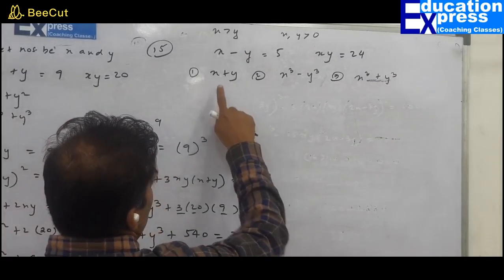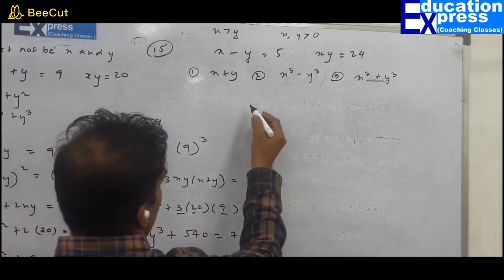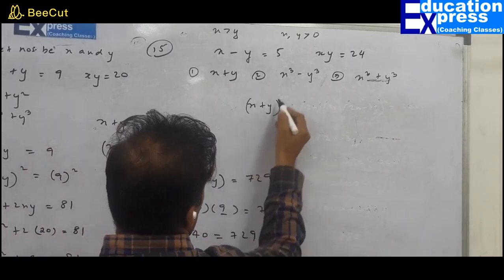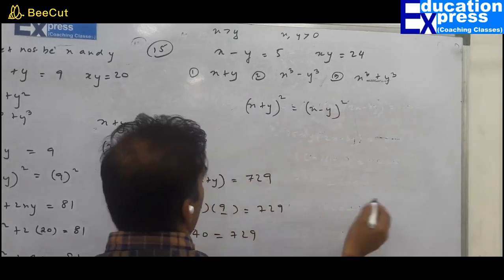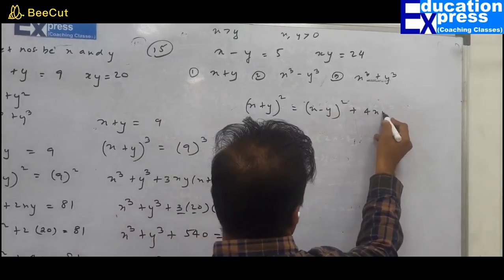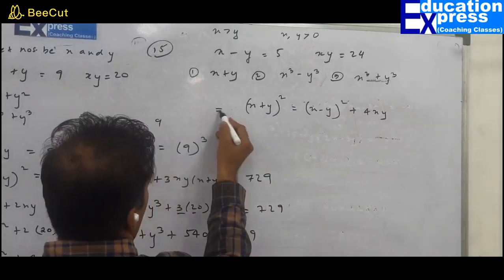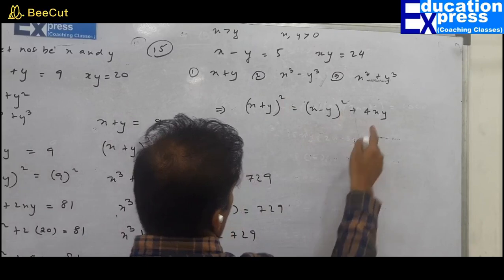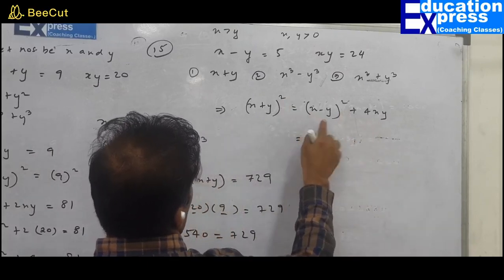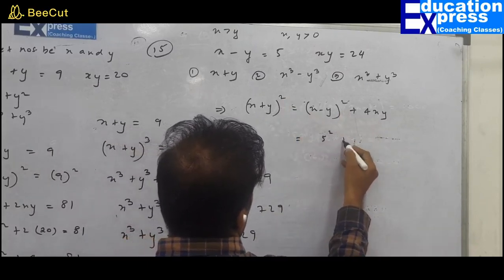The first part is related to the first exercise, the relationship between (x plus y) square and (x minus y) square. So it is again reinforcing into your mind the same thing we did earlier. It's a recap. (x plus y) the whole square equals (x minus y) the whole square plus 4xy. Do you have the value of x minus y? Yes sir, 5 square plus 4.